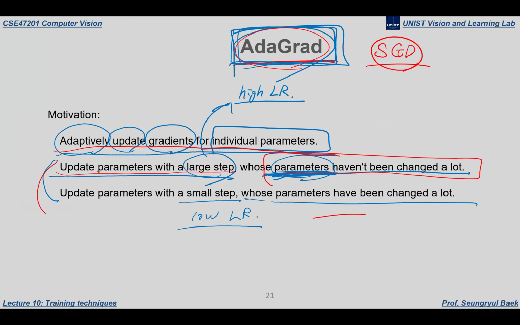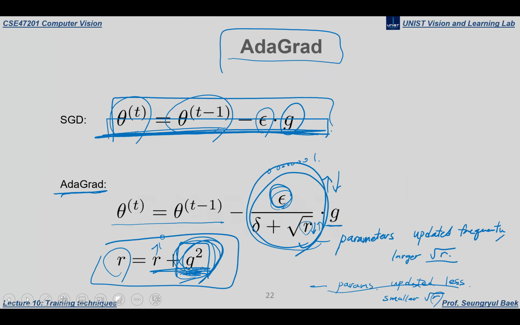So for those parameters which haven't been changed a lot, we keep a large learning rate, and for the parameters that have been changed a lot during the earlier epochs, we use a small learning rate. That's the idea of AdaGrad. We accumulate the gradient information from the earlier epochs in this R variable, and divide the initial learning rate by it. That's the idea of AdaGrad.